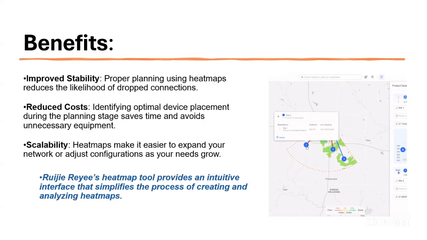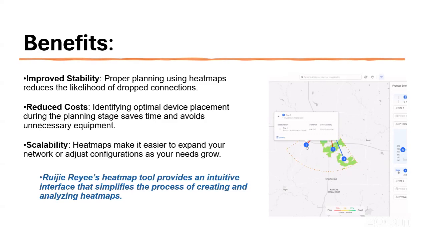And last but not least, scalability. Heatmaps make it easier to expand your network or adjust configuration as your needs grow. So for all these benefits, heatmaps are very important to do before the physical installation of the wireless bridges. And with the help of Reyee's Heatmaps tool, we can do this very easily.